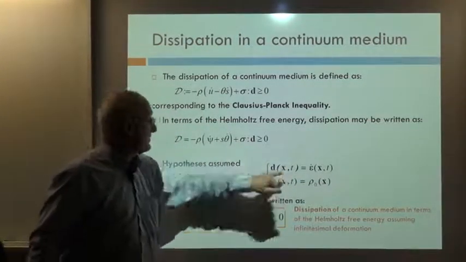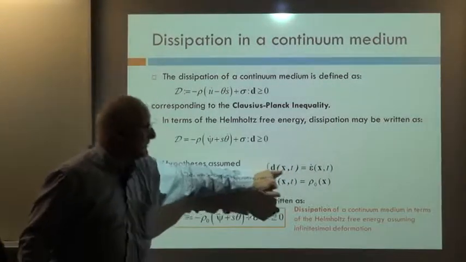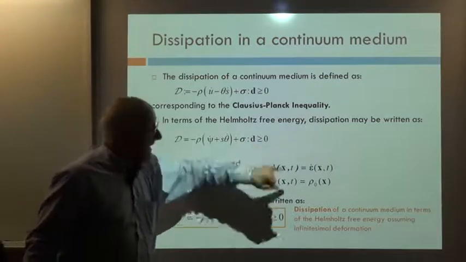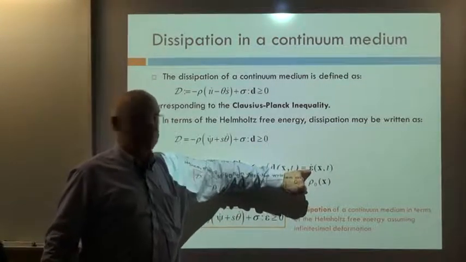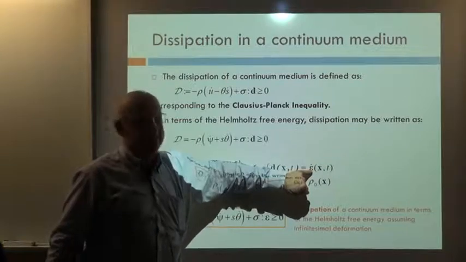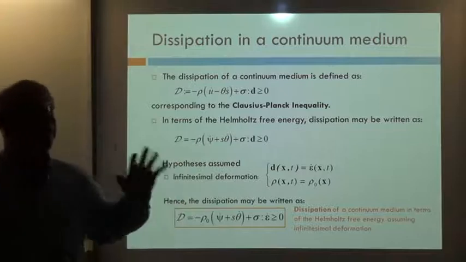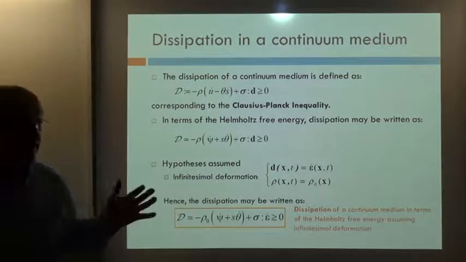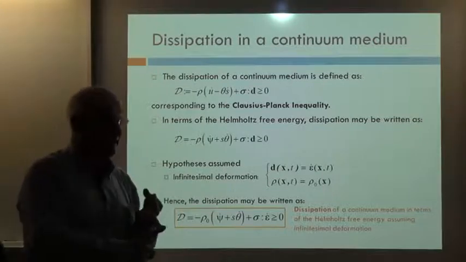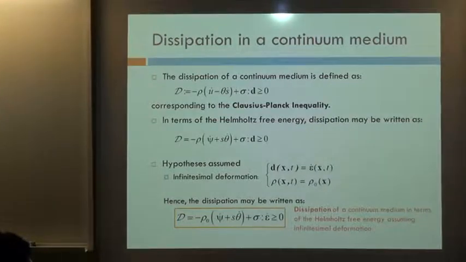The second consequence of the infinitesimal strain theory is that the rate of strains is now equal to the differentiation with respect to time of the infinitesimal strains. You may recall that in continuum mechanics we have different definitions for strains: the Lagrangian strains, the Eulerian strains, and the infinitesimal strains.